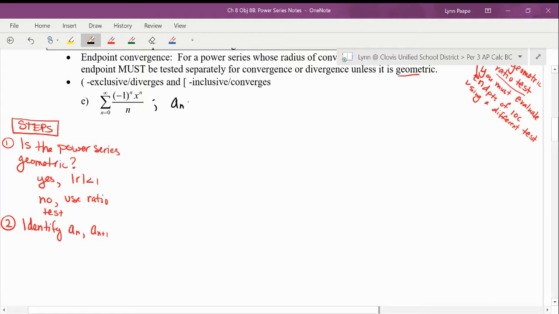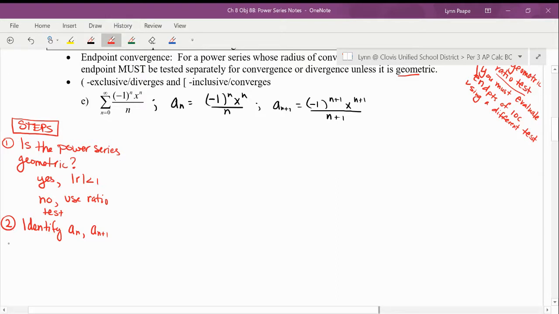Our nth term will be negative 1 to the n, x to the n, all over n. And then my nth plus 1 term is everywhere that I see an n, I'm going to replace it with n plus 1.